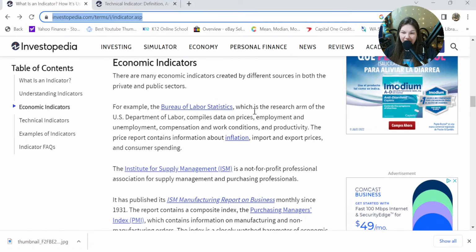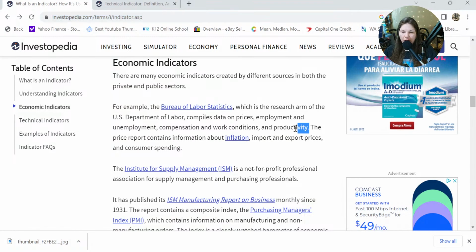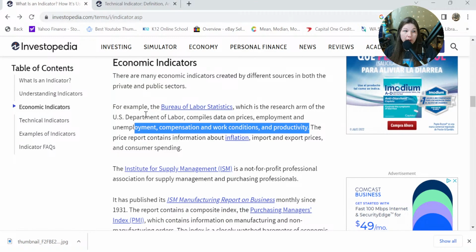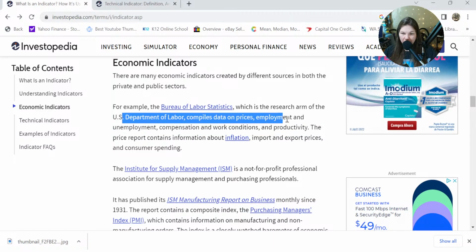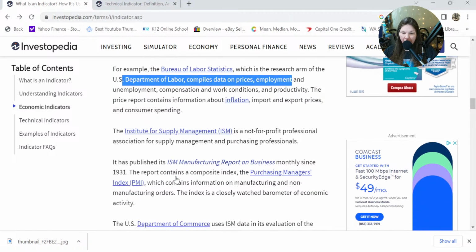So we can think, guys, that they track all this because if you compile data on prices, employment and unemployment, compensation, work conditions, and productivity, you are, in other words, getting indicators about when that business is going to go up and down. They're getting backhand information, guys, that we need to learn to read in order to trade on the market.